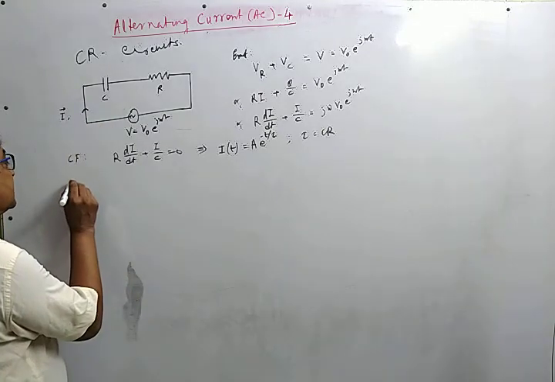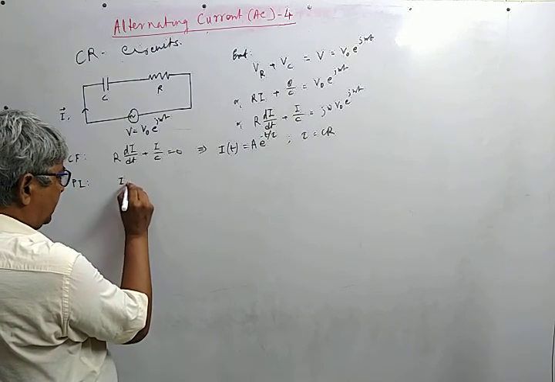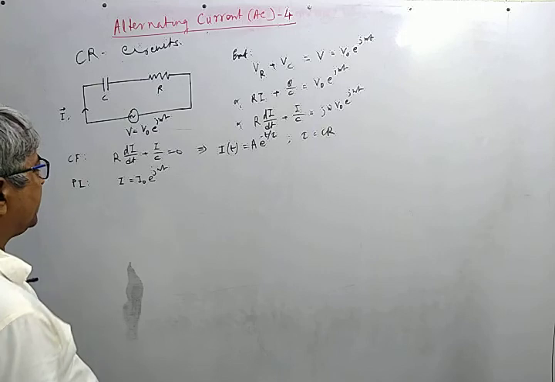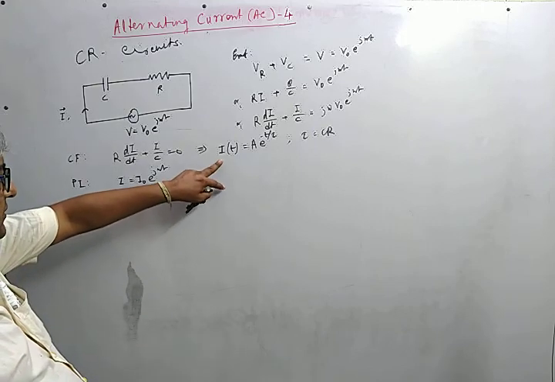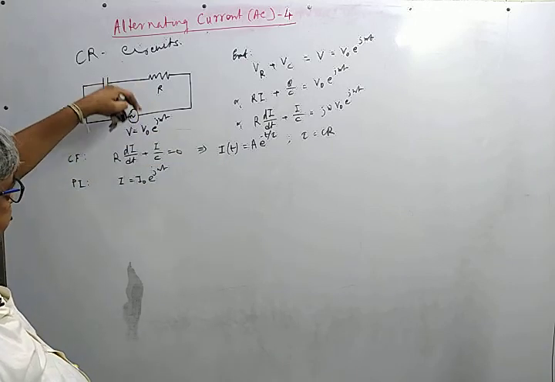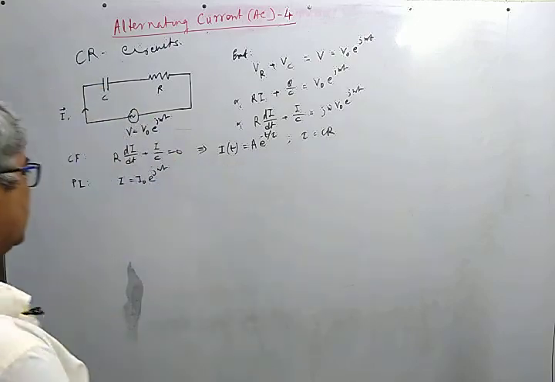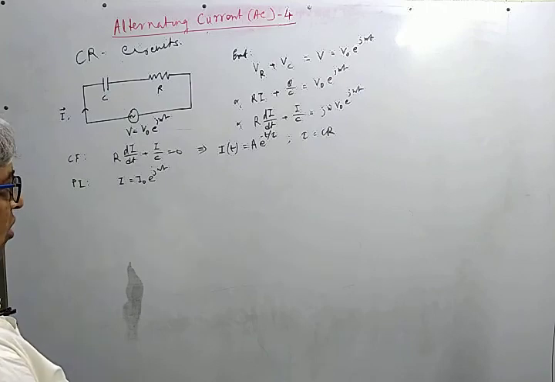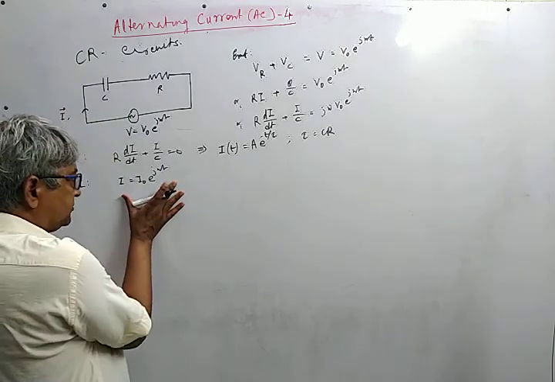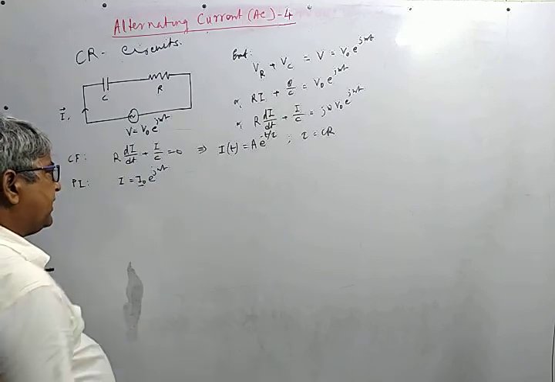And for the particular integral, we write the trial solution as I is equal to I0 e to the power j omega t, because the characteristic dynamics of the circuit in absence of the source dies down exponentially, and the circuit ultimately oscillates in tune with the applied voltage. So we assume this to be the solution, where I0 may be complex and has to be found out.